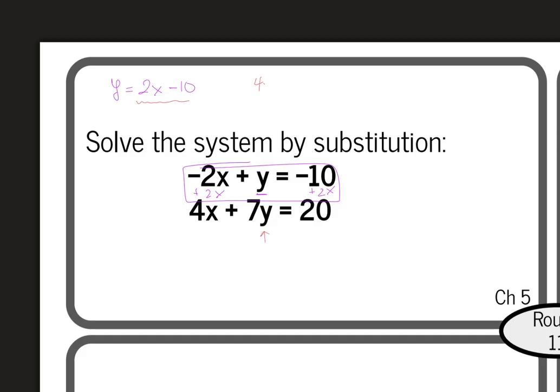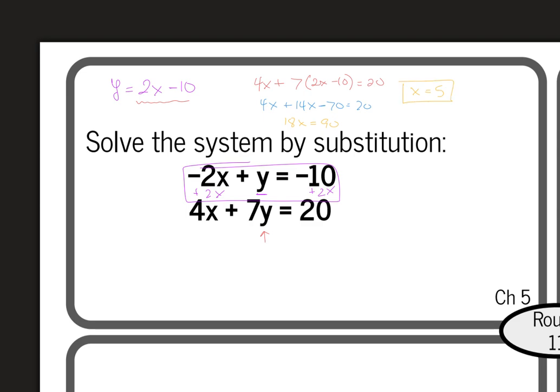So I'm going to get 4x plus 7 times 2x minus 10 equals 20. 4x plus 14x minus 70 equals 20. 18x equals 90, so I divide by 18, and I get that x equals 5.